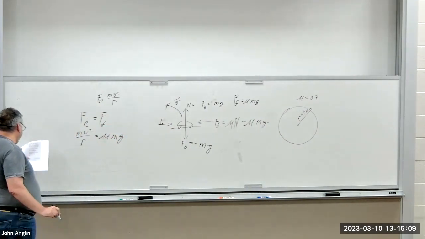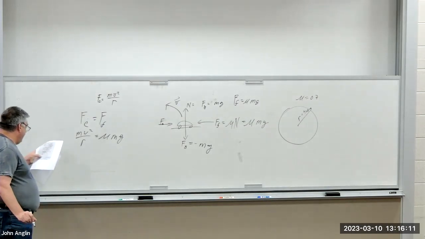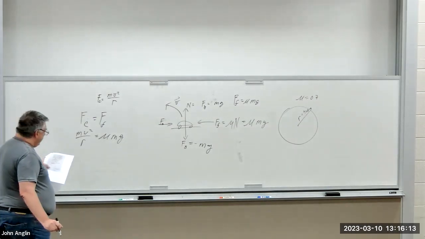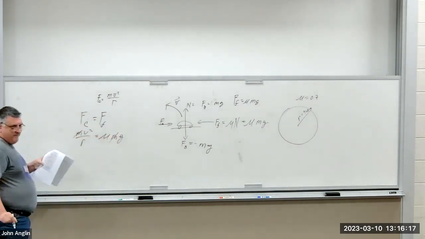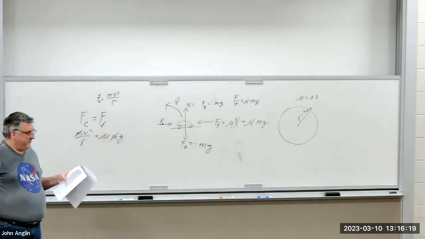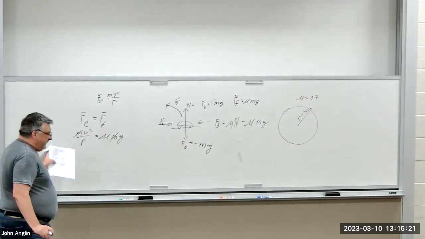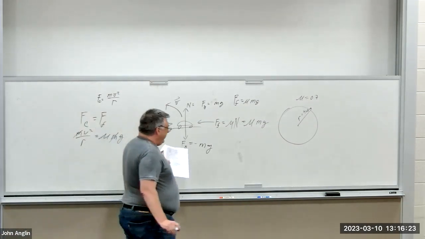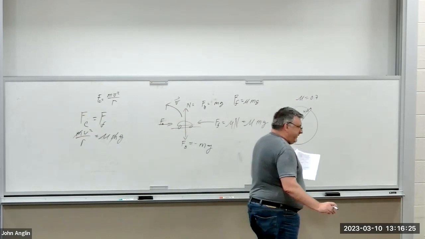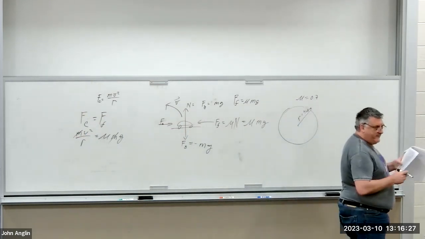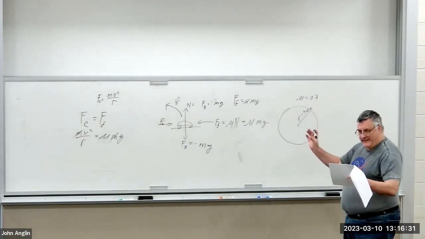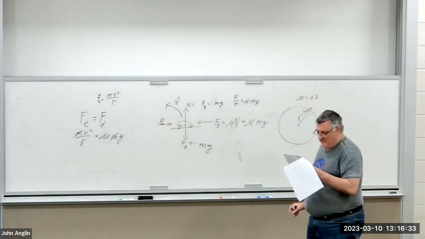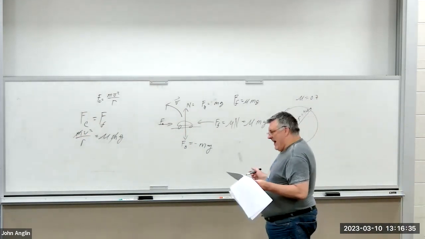We can cancel a bunch of stuff, right? One of the more interesting things that cancels is the mass. So that means that ultimately these forces do not depend necessarily directly on the mass of the vehicle as far as balancing the centrifugal force. Now, why is that?